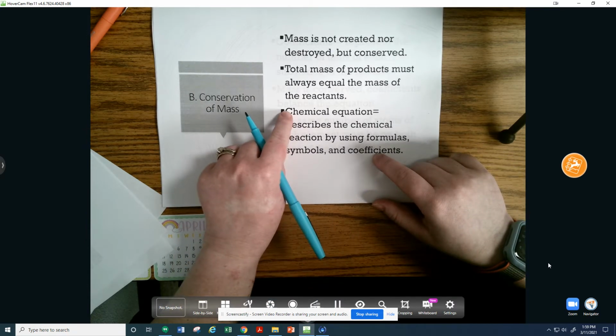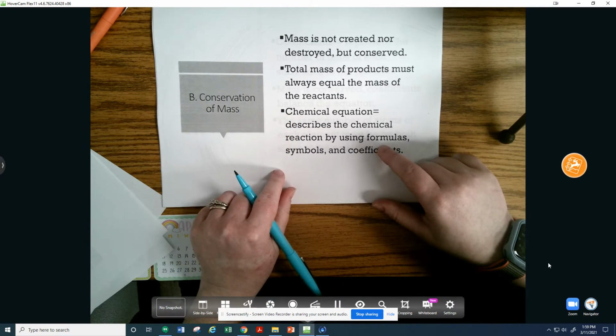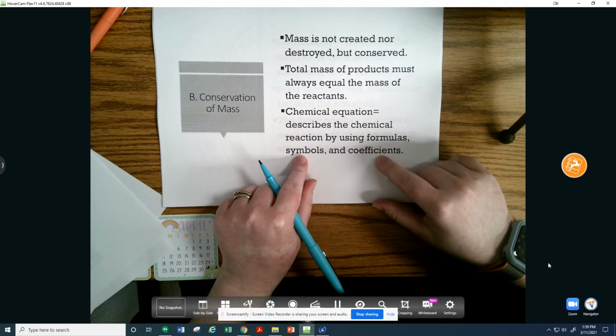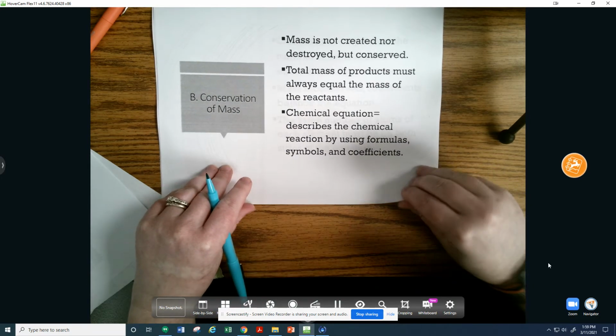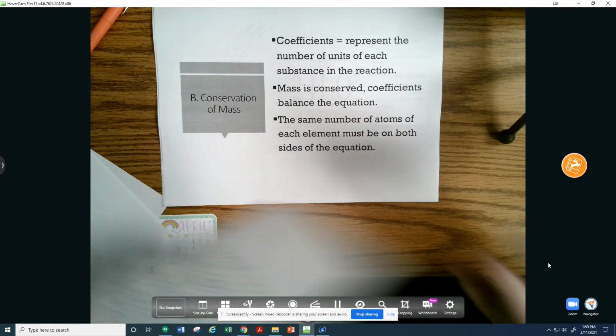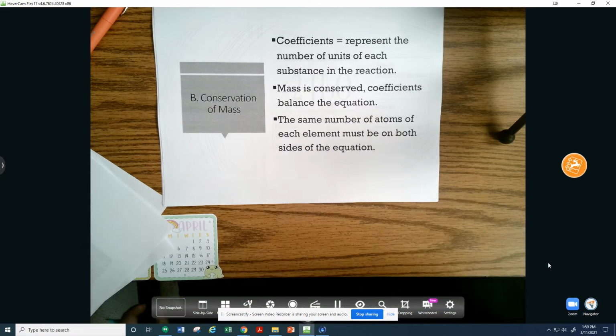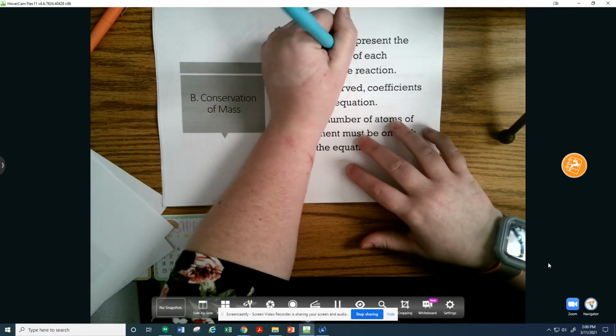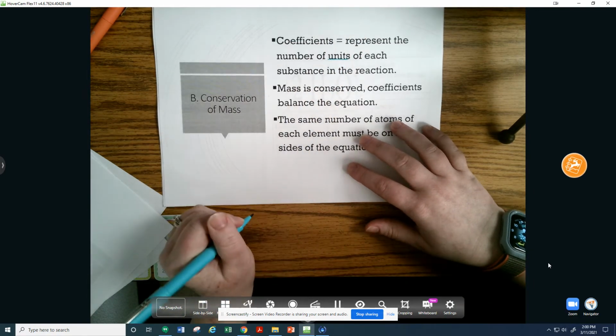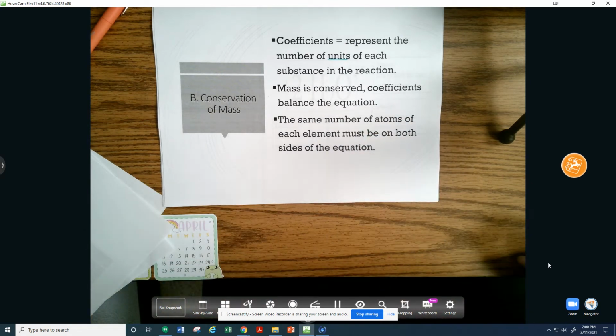In a chemical equation, there is some more terminology that we're going to see today. Formulas and symbols we're familiar with, but we're going to add coefficients today. You've probably seen the term coefficients in math. We're going to use it in a different frame than what you see in math. It's going to represent a unit. That's going to become very important as we snowball forward.